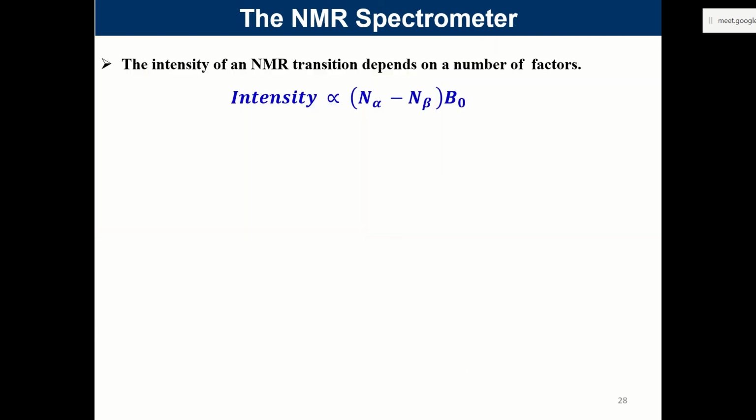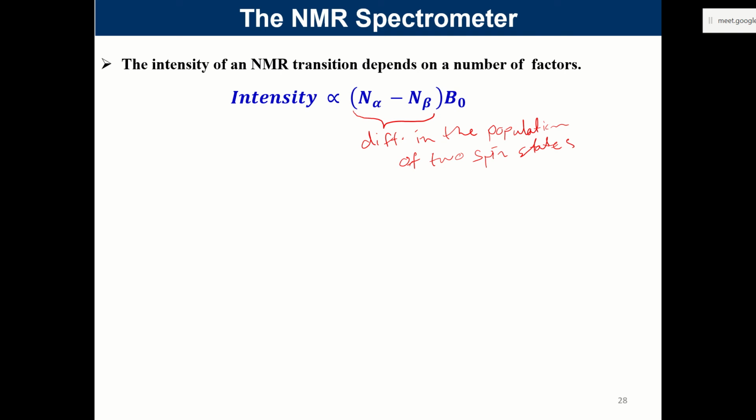So the intensity of signals will depend on two factors. One is the difference in the population of the two spin states, alpha and beta. If you have, say, 100 nuclei, how many of them are in the alpha state and how many in the beta state at a given temperature, say room temperature?